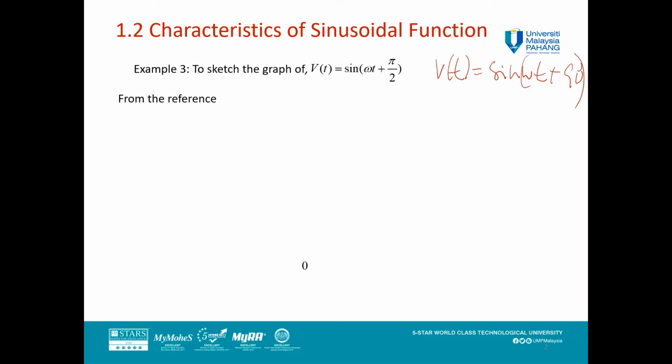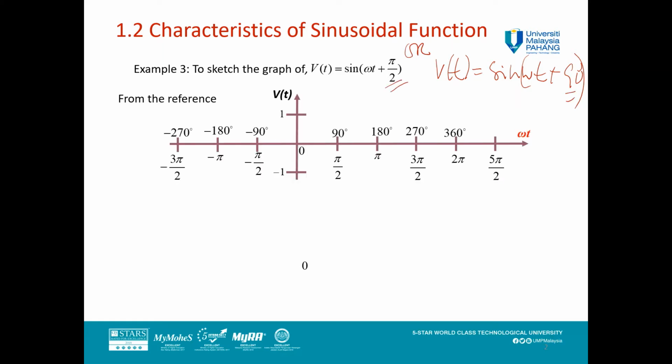Pi over 2 is 180 degrees over 2, which gives 90 degrees. This is the way to write it, in radians and in degrees. From the reference for sin omega t, zero starts like this. This is the reference for sin omega t, and you must know your reference graph.